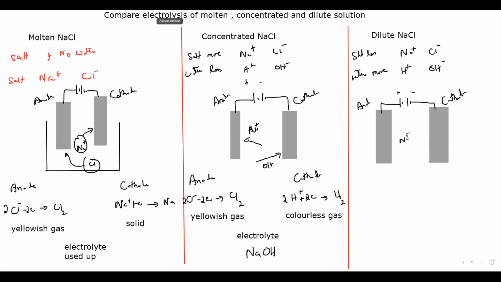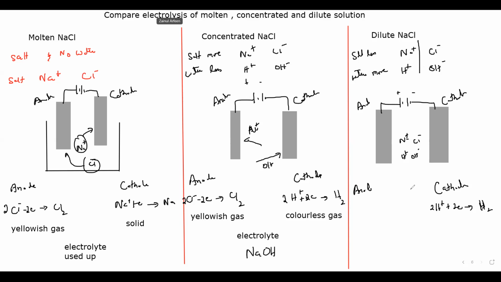What happened at cathode? The ion which is less reactive, so again hydrogen is less reactive. Hydrogen ions are attracted towards cathode and form a hydrogen atom. But if two are there, it will form a hydrogen molecule.